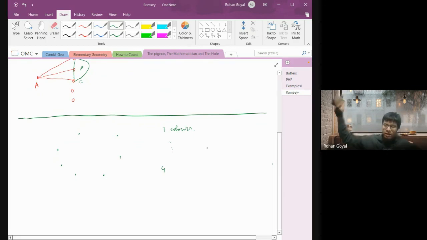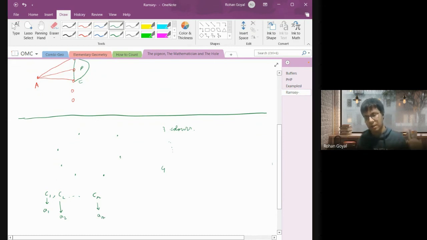So the big result at the end of all this is that if you have, let's say, color 1, color 2, up to color n, and for color 1, you want A1 people who are all friends with each other, or a set of A1 people who have all just color 1 between them. With color 2, you want A2 people. With color n, you want An people. If any of these conditions are satisfied, you're happy.